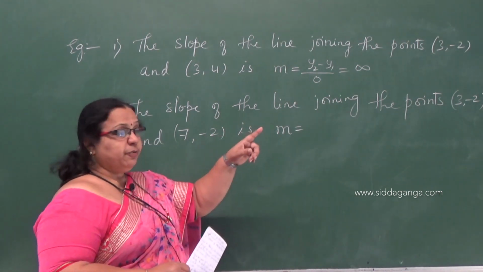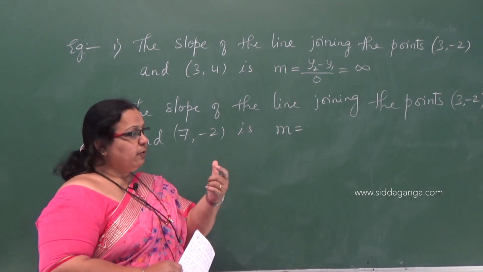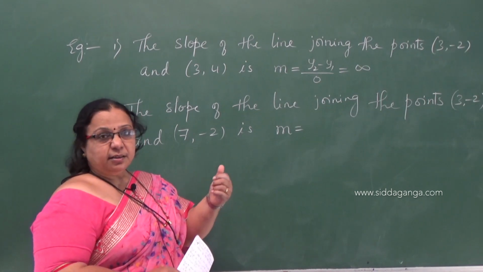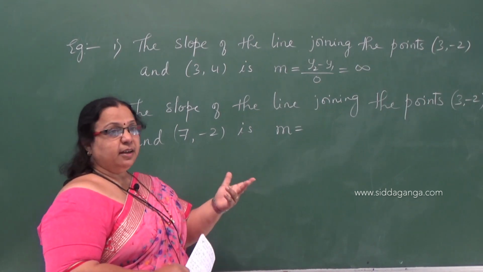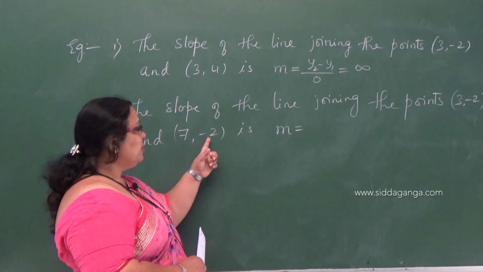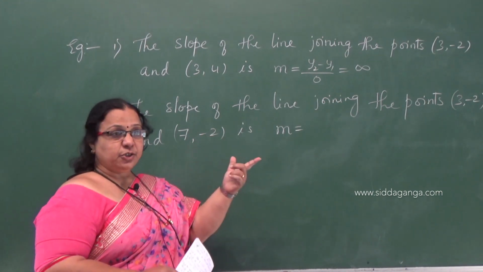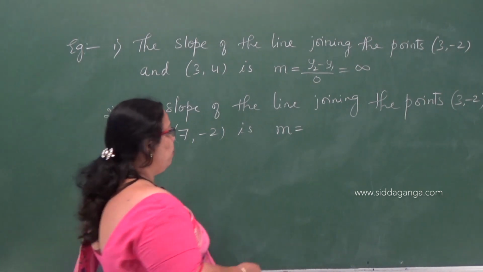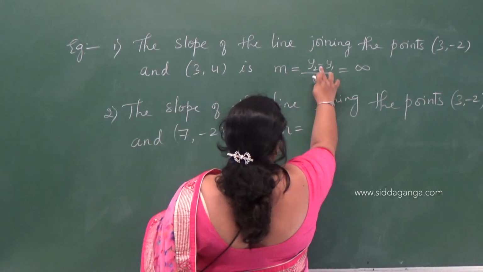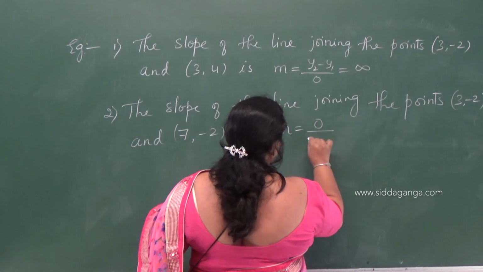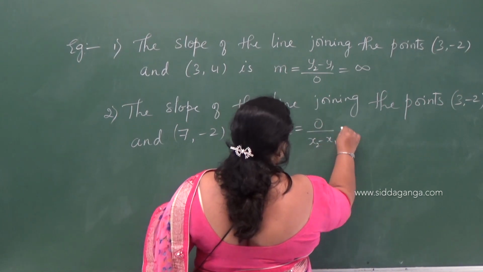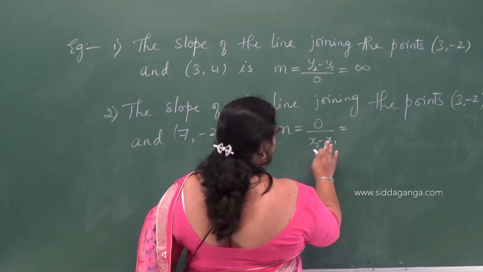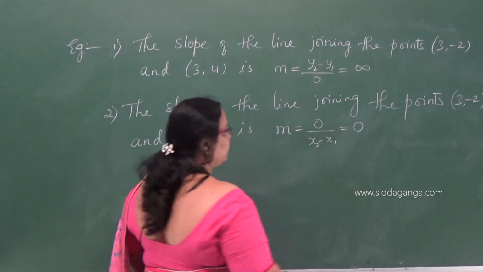When we take the difference between the 2 values which are same, minus 2 minus of minus 2, the numerator becomes 0 in this formula. It is not necessary to substitute, so the slope is equal to 0.